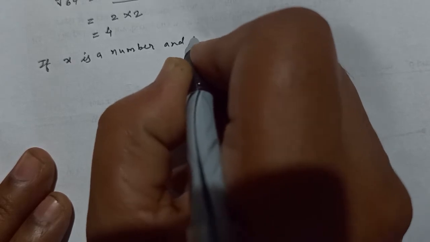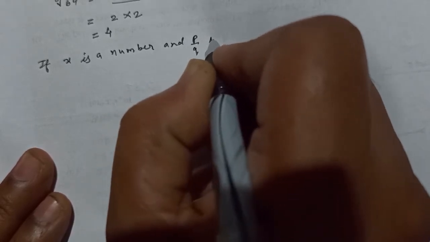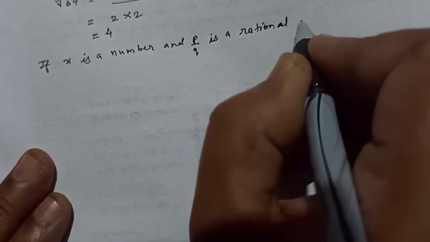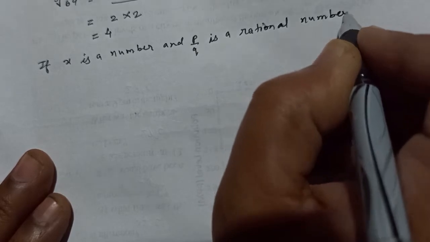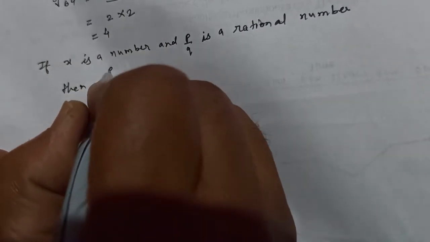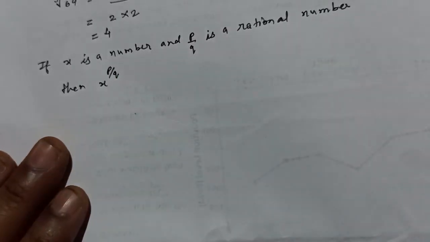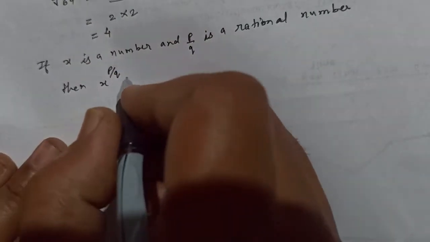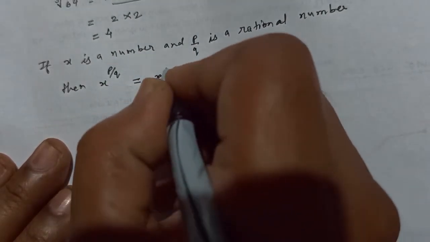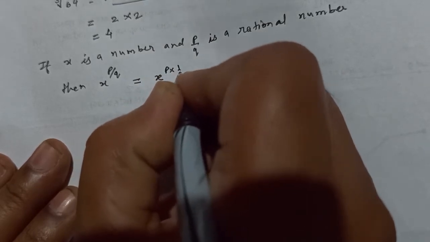If x is a number and p upon q is a rational number, then x to the power p upon q is called rational exponent and it is equal to x to the power p multiplied by 1 by q.